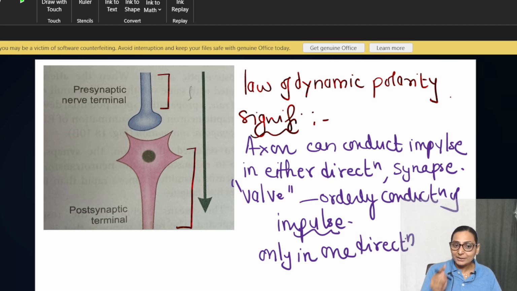So what is the law of forward conduction? That is one-way conduction. What is the cause? Release of neurotransmitter substance. And what is the significance? Orderly conduction of impulse. So if you get a 2 marks BAQ, this is sufficient for your law of dynamic polarity, that is one-way conduction.